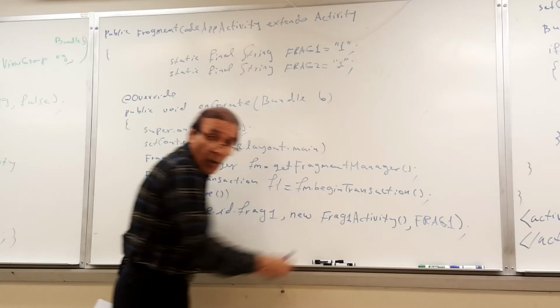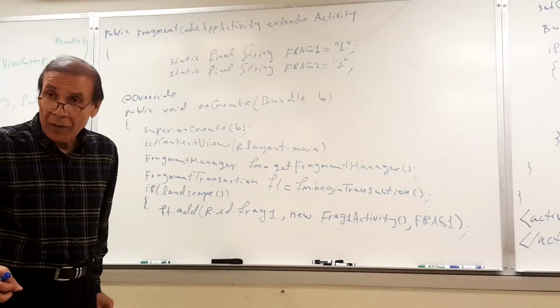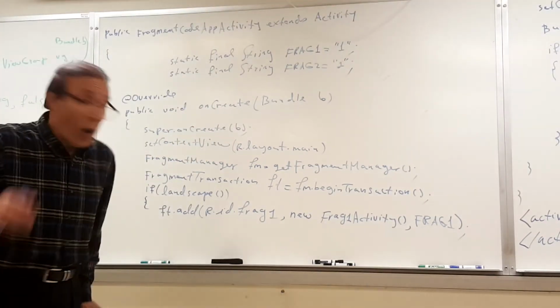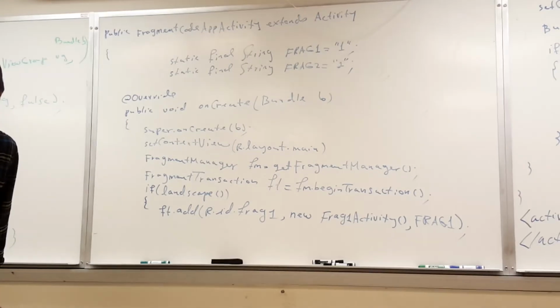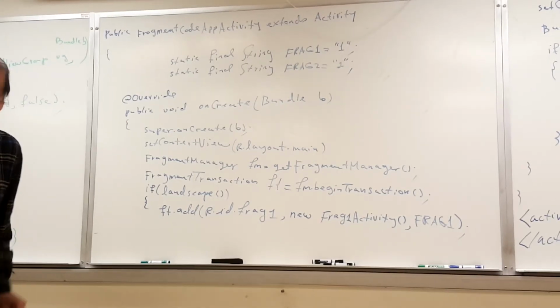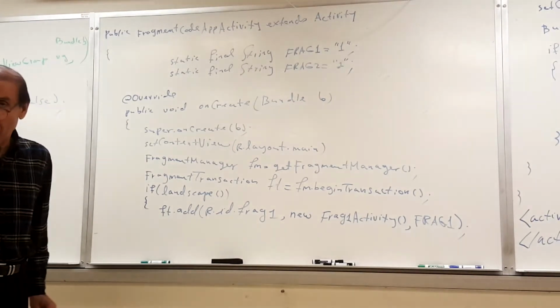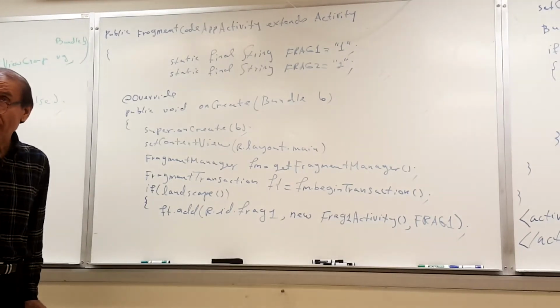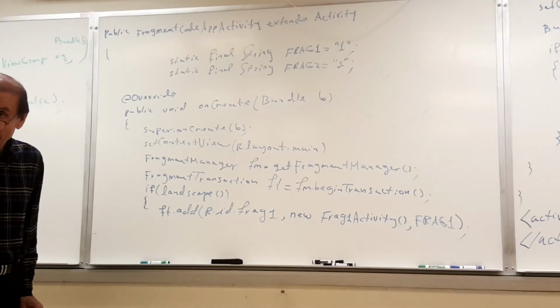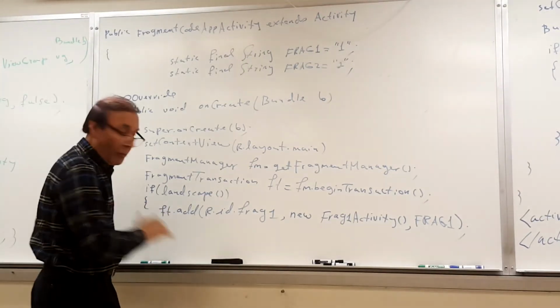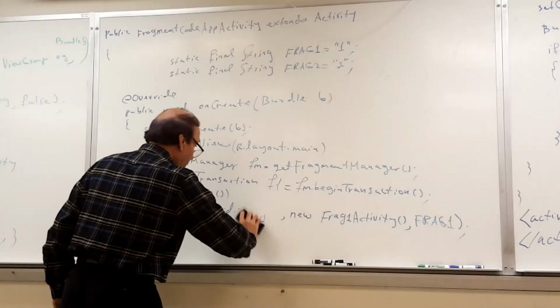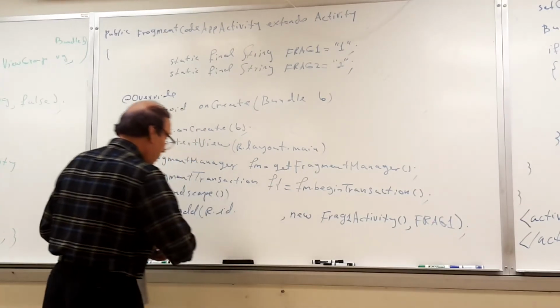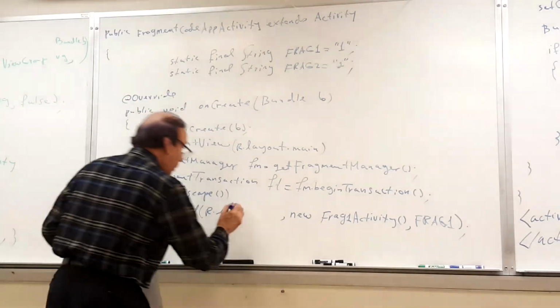The ID for the placeholder is fragment one. Sorry, it was called fragment one and fragment two, am I right? Yes. Okay, my apologies. I now remember that. Fragment one.